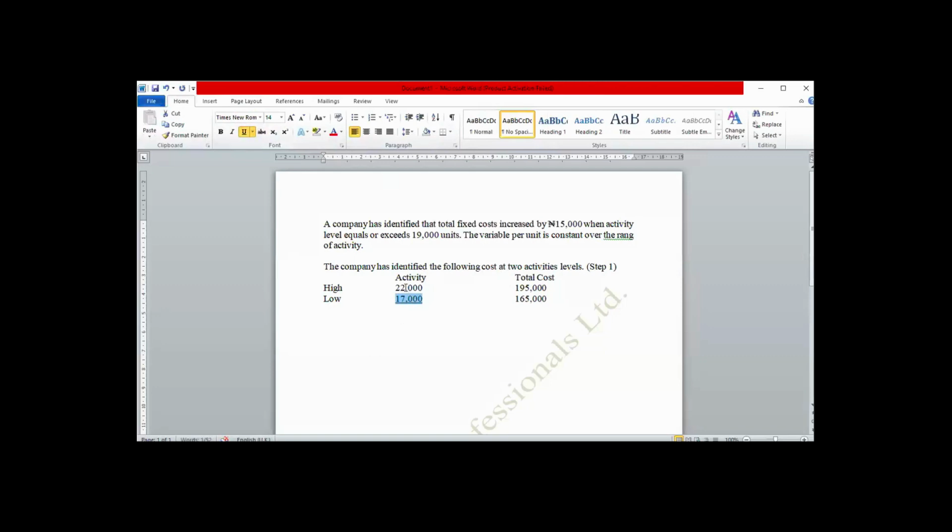Now, looking at it here, what is the difference between 22 and 17? 5,000.